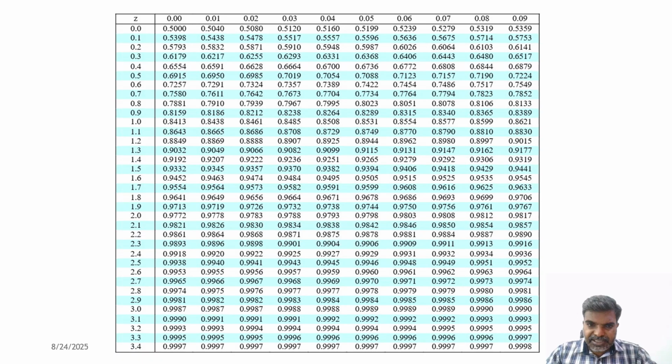You can see here, this one. One second. 0.89. Yes. We are taking its nearest value. So you have to consider the corresponding z value. What is the corresponding z value here? 1.23. This is the required z value.